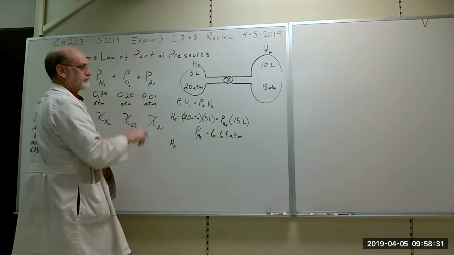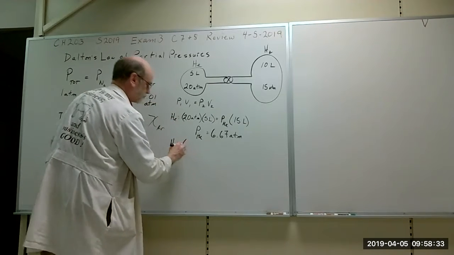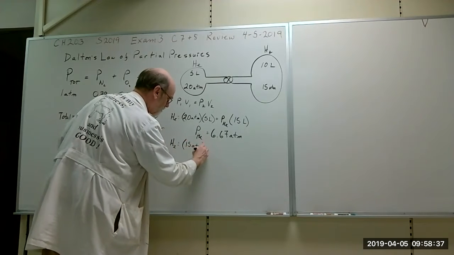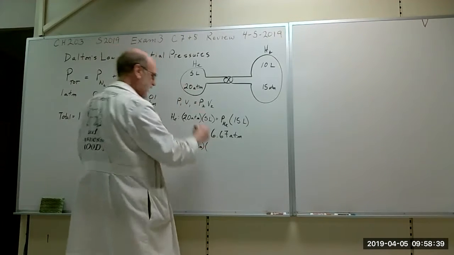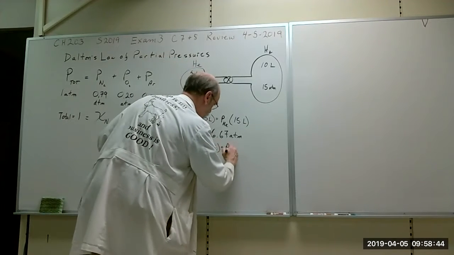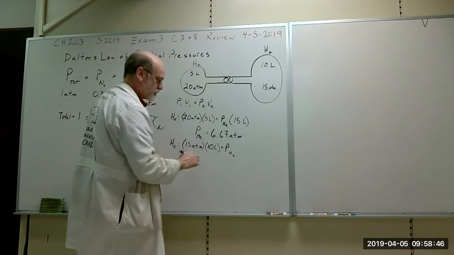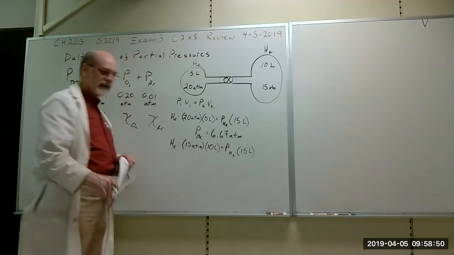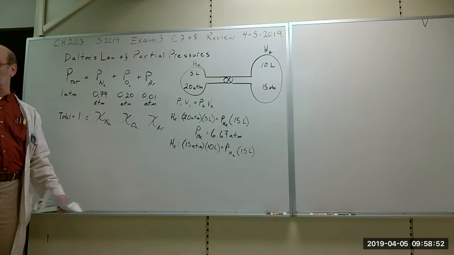Hydrogen then would be, before is 15 atmospheres and 10 liters, and that's equal to the pressure due to hydrogen and the same volume. We're expanding it into 15 liters.